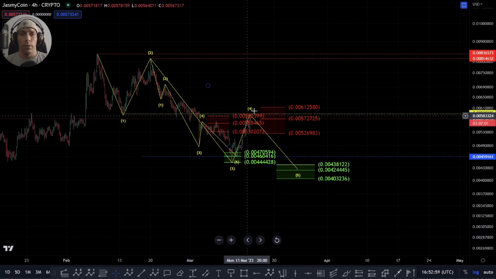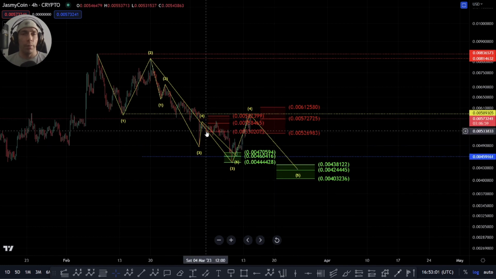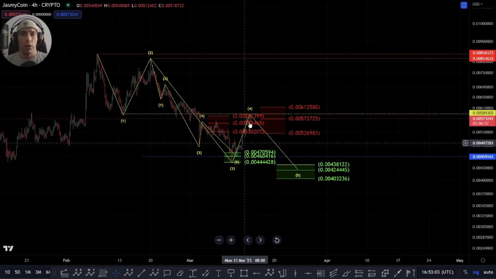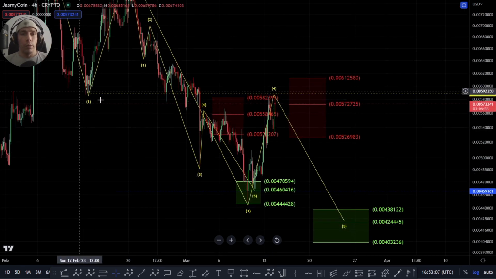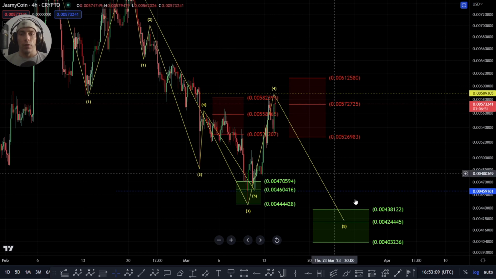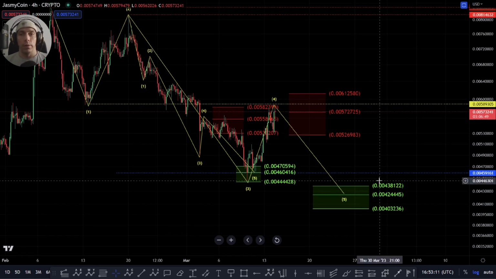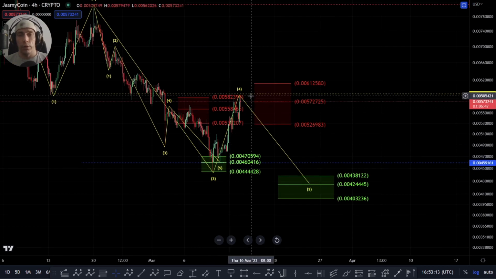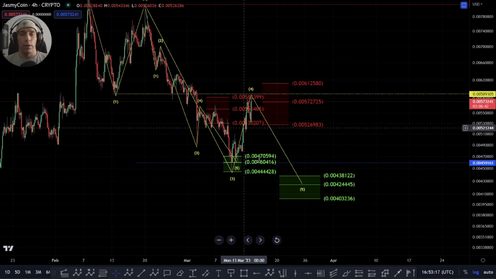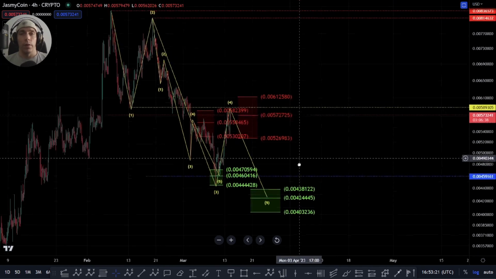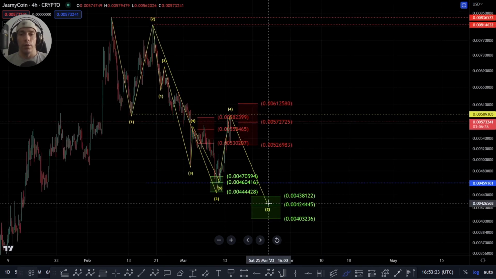For as long as we fail to break back up past some of these key zones, we could just look to reject off this level of support that we've lost here and continue down. If we do form a 5 wave structure down, we would have to be cautious that we could see that continuation after this gets a retracement to the upside in a 3 wave move.